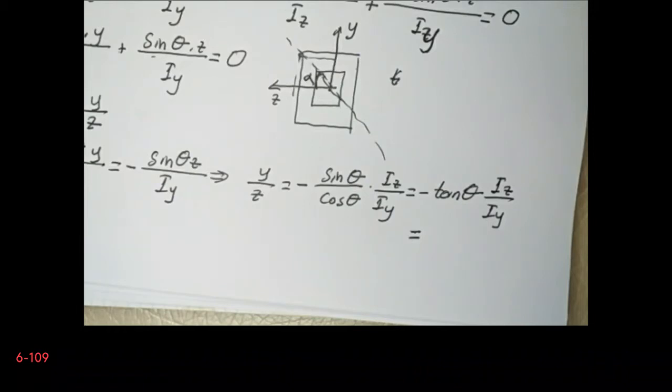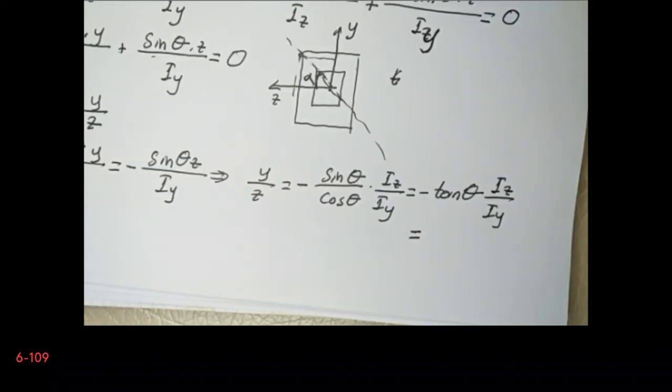It is pi divided by 4 multiplied by Iz divided by Iy, and I have minus. In fact, this is the value. So we find that it is equal to minus 4.